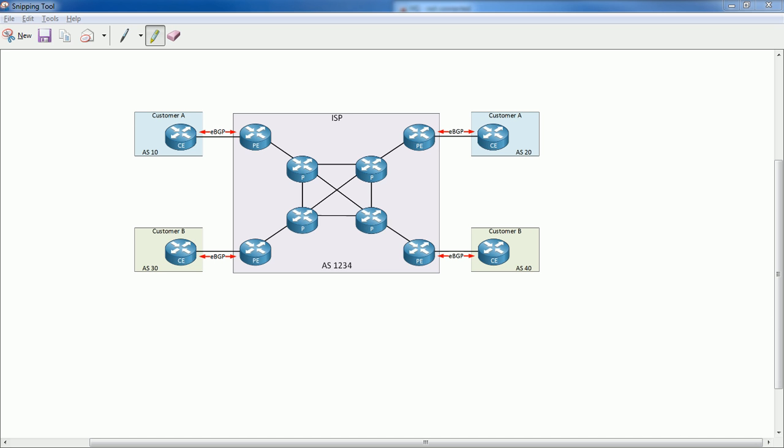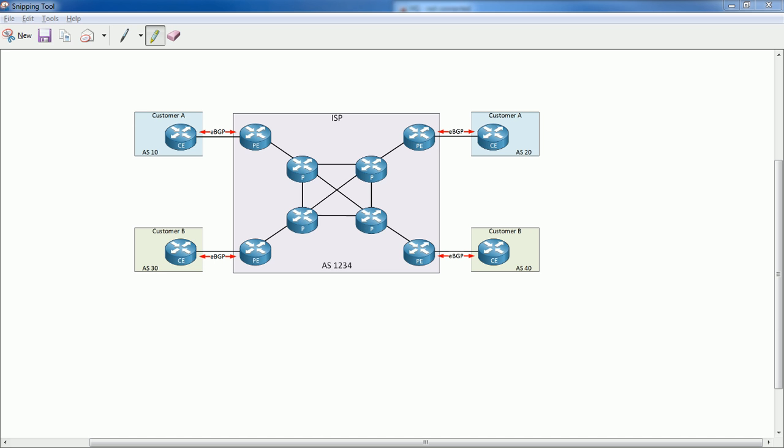This will help you to understand why we use it. In the second part of this lesson, we will learn what MPLS is and how it actually works.